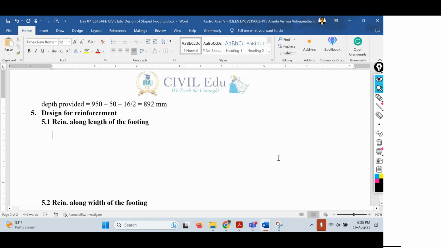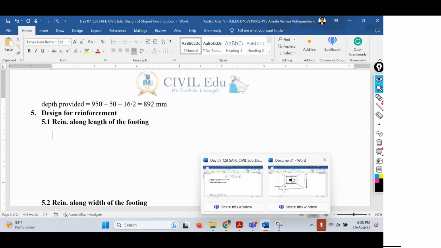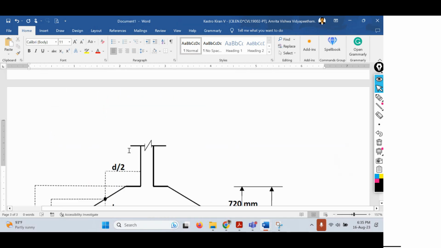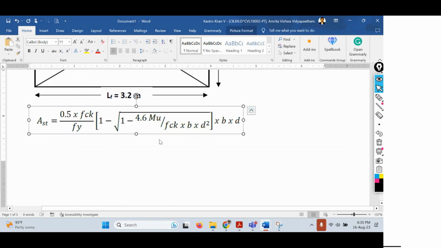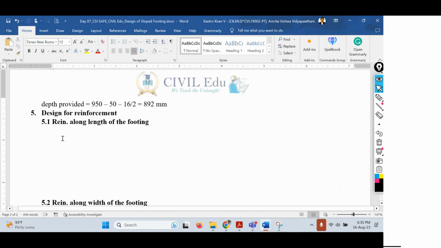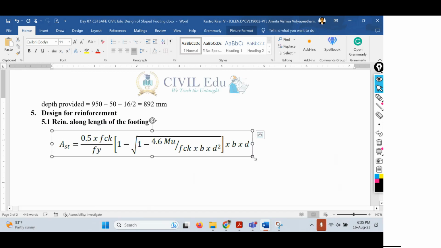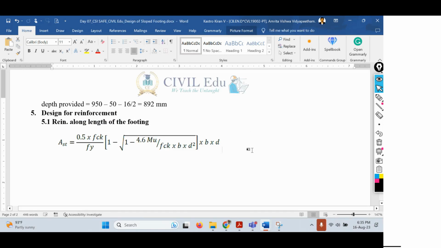So how to get the reinforcement value? So we have the equation, that is AST equals to, let me just check that equation. Yeah, this. So AST equals to 0.5 FCK by Fy. Yeah, this one. So from this equation, we have to find out the AST value, that is area of steel value.